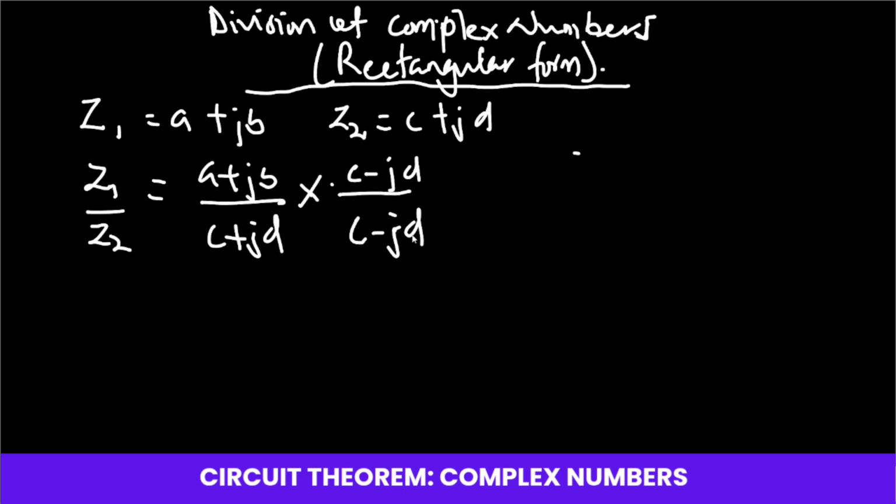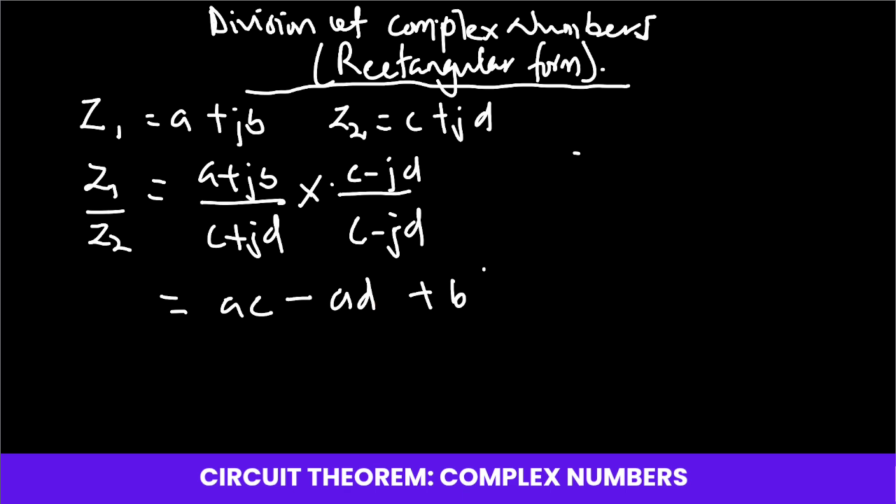Now let's deal with our multiplication as we've learned previously. a multiplies c, plus a multiplying negative jd, that's minus jad, and our jb multiplying c is plus jbc.